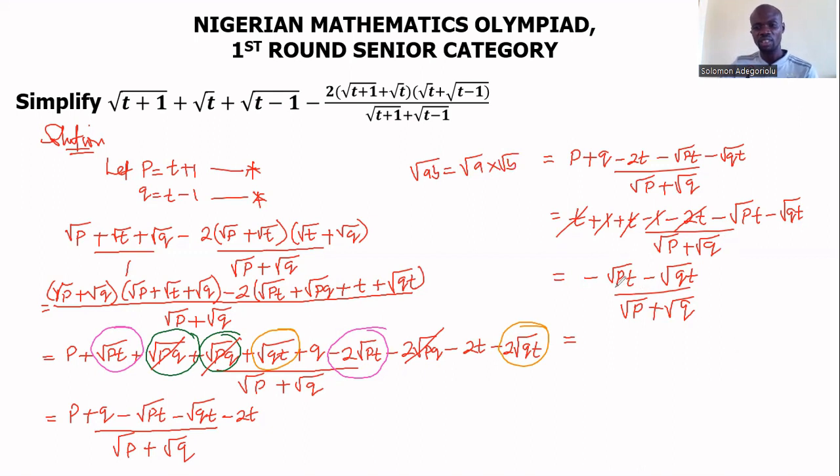So root PT is root P times root T, and this one is root Q times root T. Something is common here, so I can bring root T out: minus root T, close bracket, root P plus root Q, over root P plus root Q. So this eliminates this, and the final answer is minus root T. Minus root T is the solution to the problem on the screen.